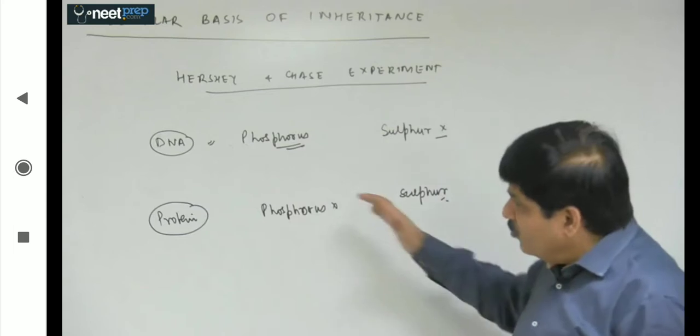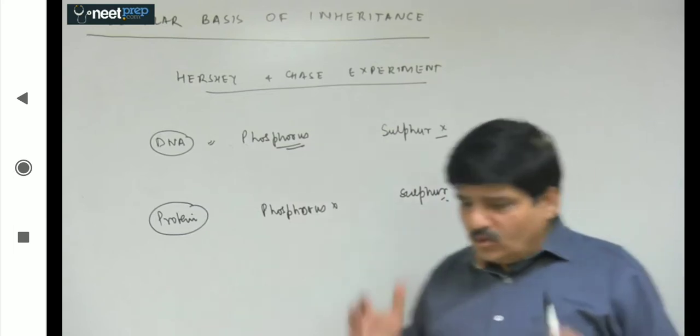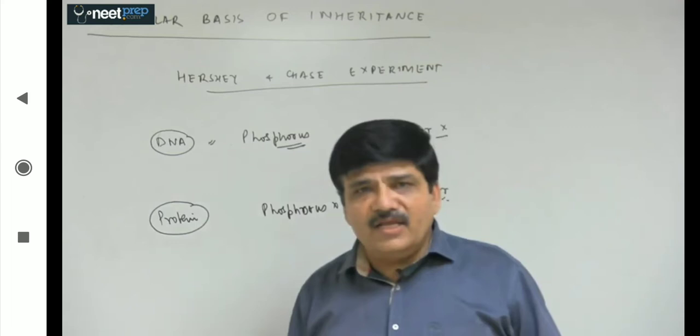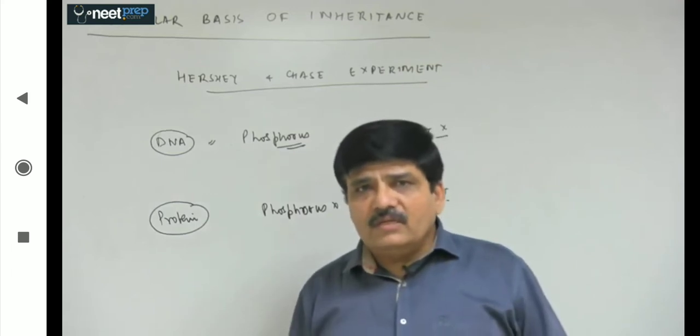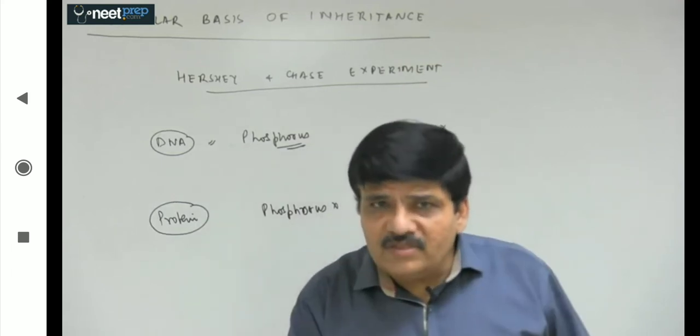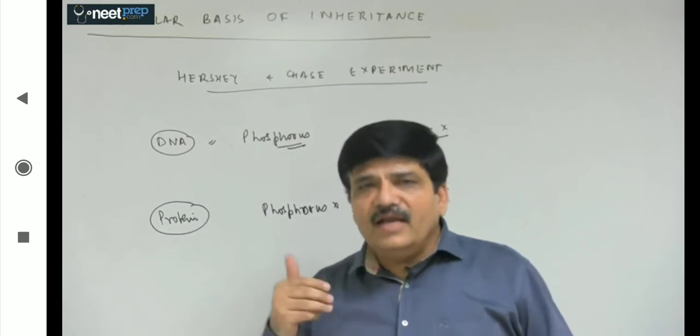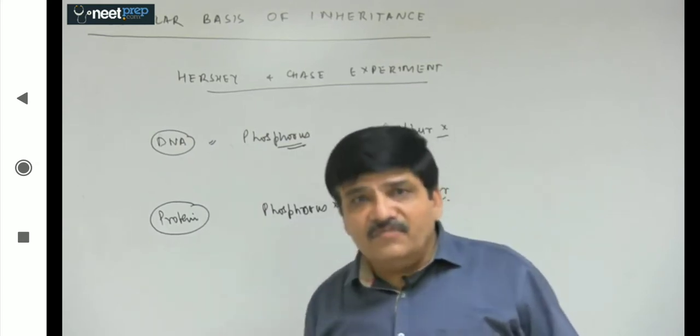I hope this is absolutely clear. Now we have a bacteriophage, made up of only double-stranded DNA and protein. And number two, we can radioactively tag them differentially.